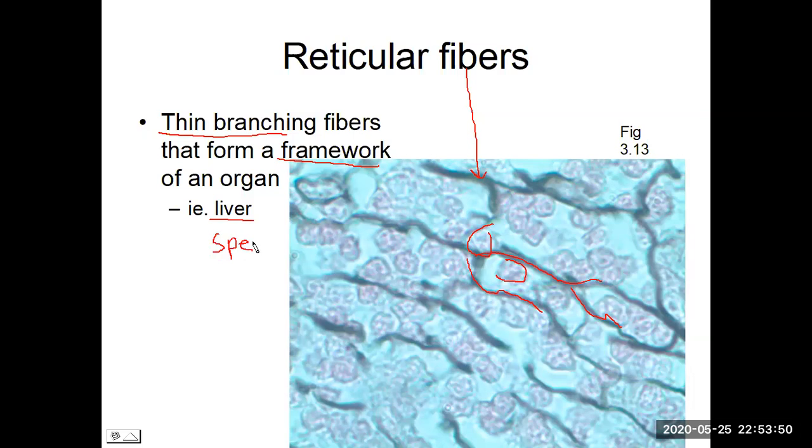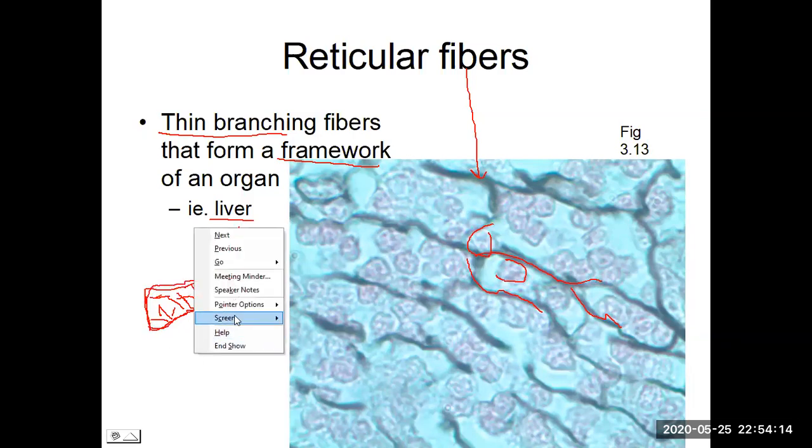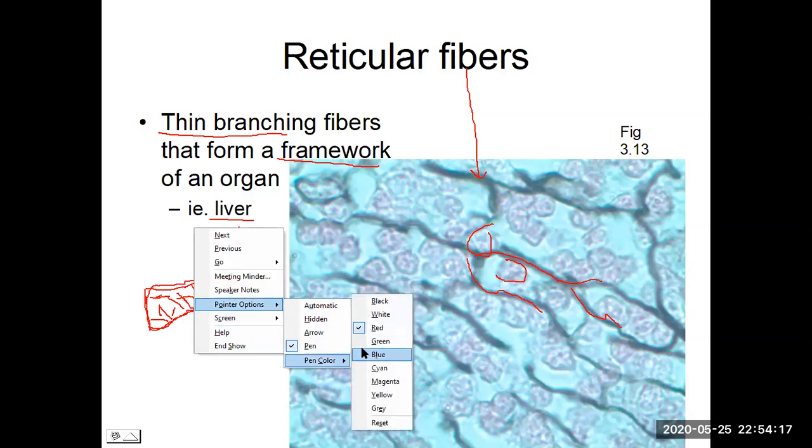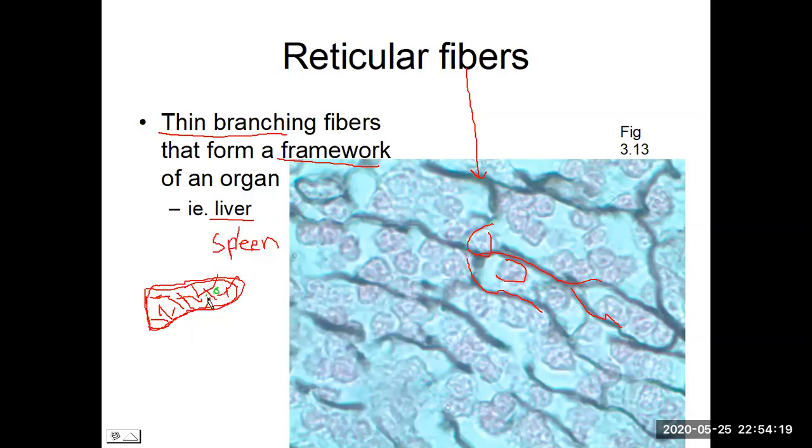Those are just some examples of organs that are rich in that latticework of reticular fibers. If we make a little sketch here, the basic shape and structure of the organ begins with the branching frame of reticular fibers. And then in turn, the actual cells of that organ are attached and suspended within that three-dimensional framework of reticular fibers.